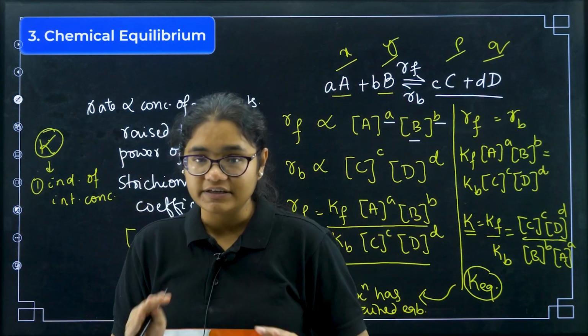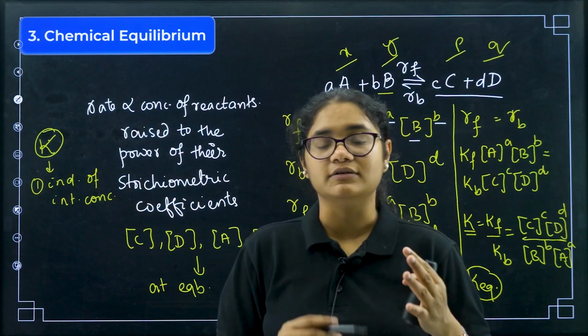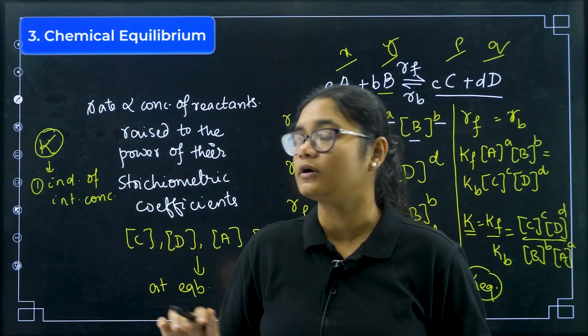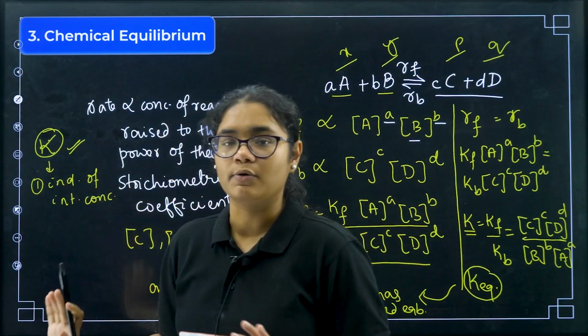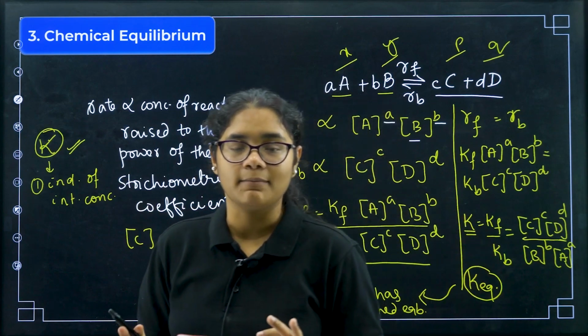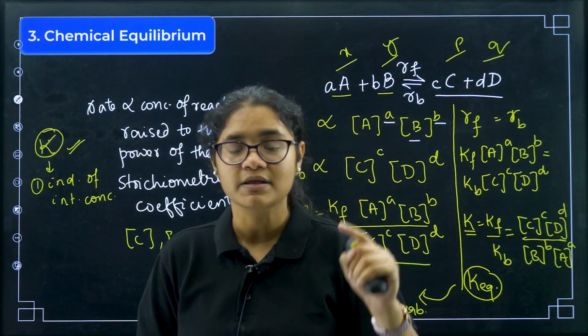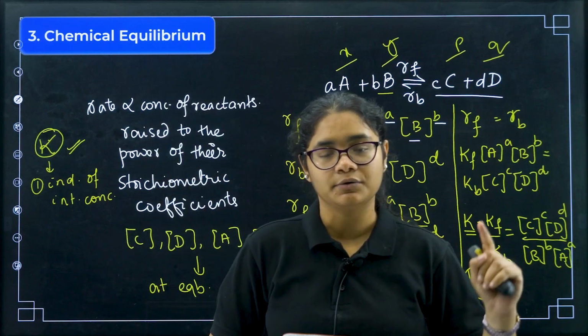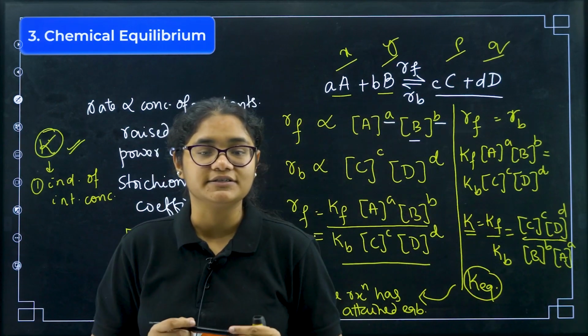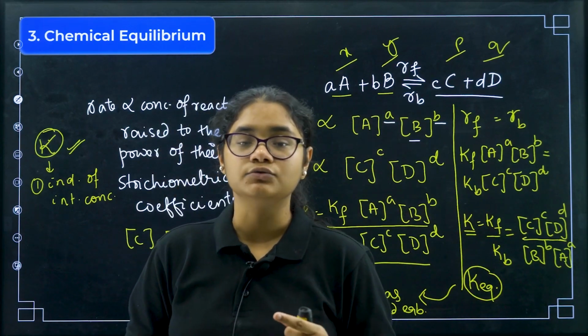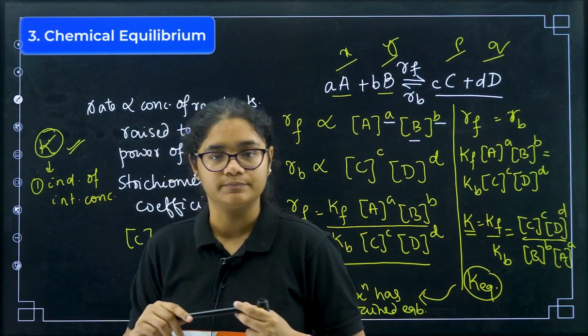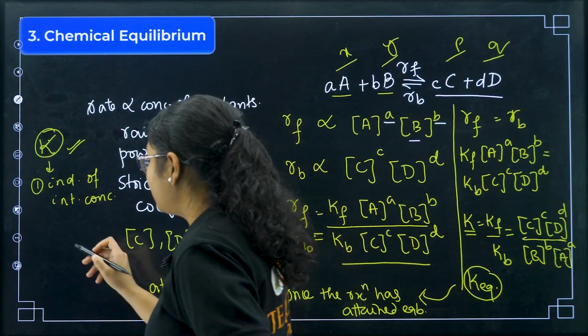When the reaction has reached equilibrium, at that time the concentrations of A, B, C, D are what the equilibrium constant is concerned about. It is concerned with the concentrations of the reactants and products at equilibrium. Once the reaction has reached equilibrium, the concentrations of A, B, C, D are used to calculate the equilibrium constant.